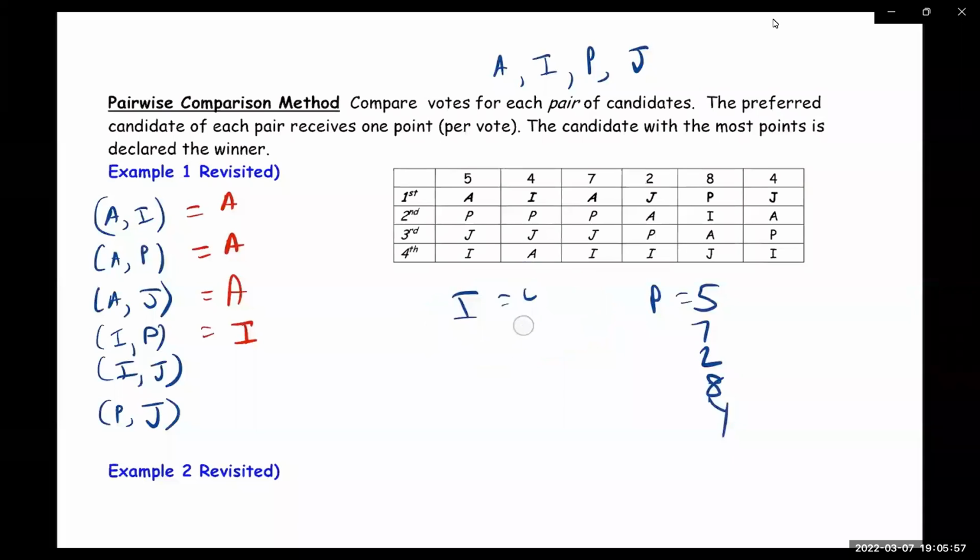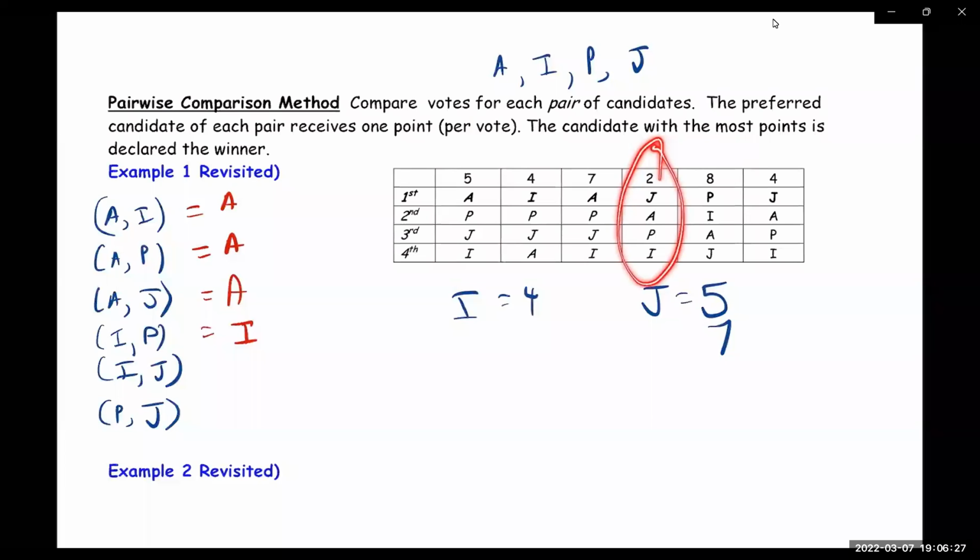So now we move on to the next letter, which is IJ. All right, who wins this one? Looks like J, right? J is ranked higher than I. Over here, who wins that one? I. This one, J wins.